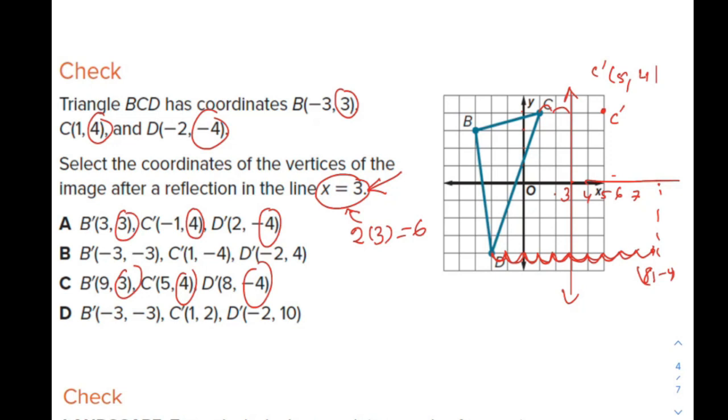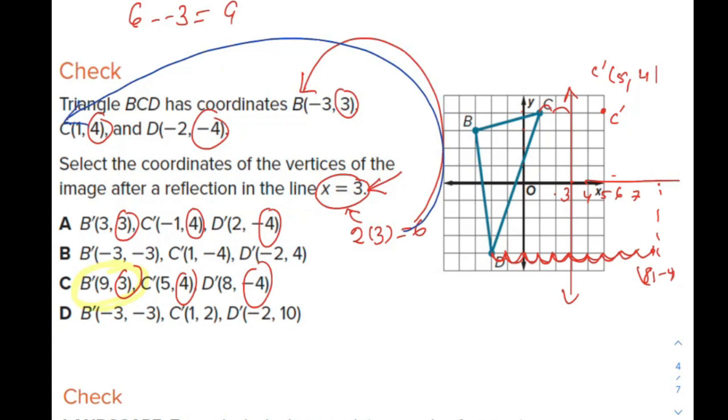Now, what about the x, which is changing? After you multiply the 3 by 2, it will be 6. Then what will you do? You will subtract the original: 6 minus 3, so we have 9. So I will obtain B prime. Let's check with C: 6 minus 1, 5.